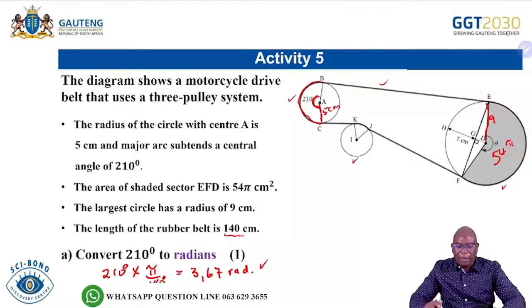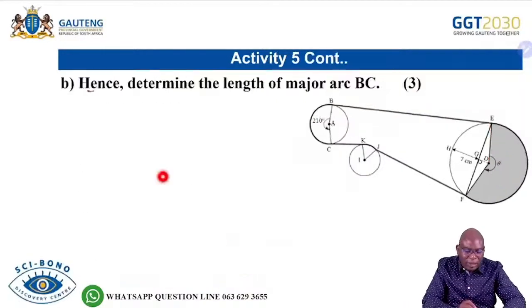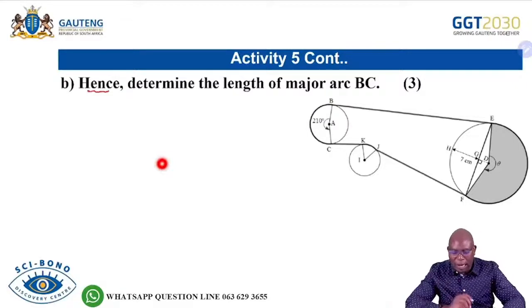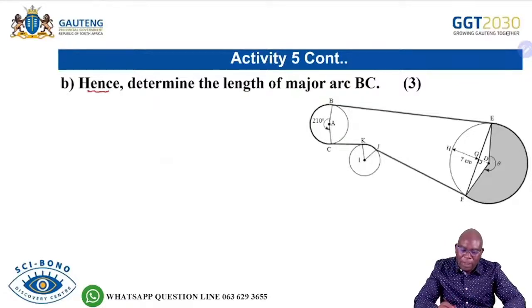The next question says hence. So in other words, whatever we got there, we're going to use it in the next one. Now it says, calculate the length of the measure arc BC. So how am I going to get the measure arc BC?